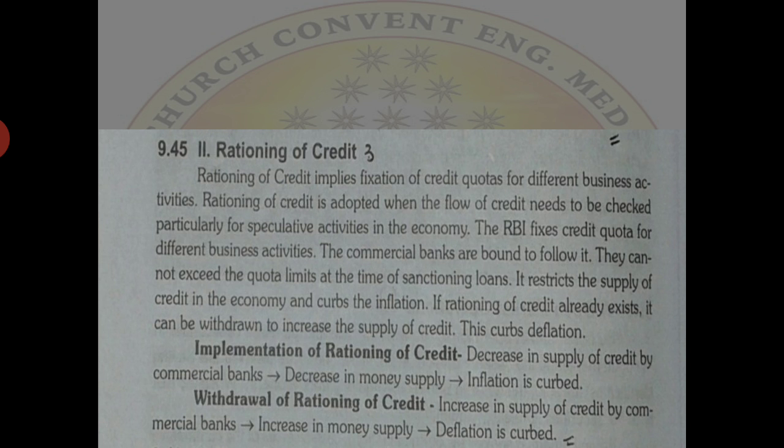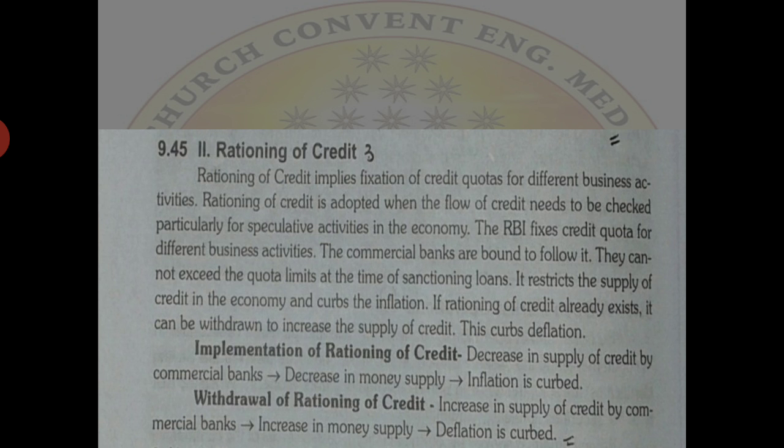And what happens when rationing of credit is implemented? It decreases the supply of money, and commercial banks cannot make more credit creation, and dearness can be controlled.